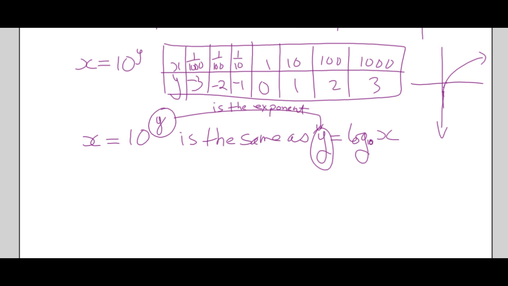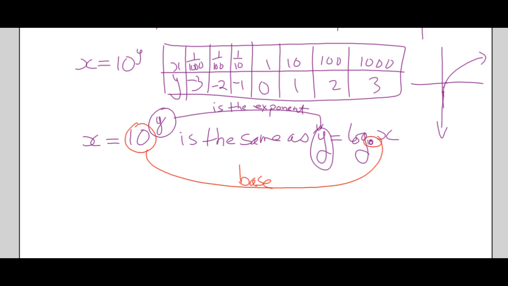The 10, what do we call the 10? The base, right? So the base of the exponential function, it's the thing that's being raised to the exponent, which is the value of y, or it's the base of the log. And then the x, that's what we get out.